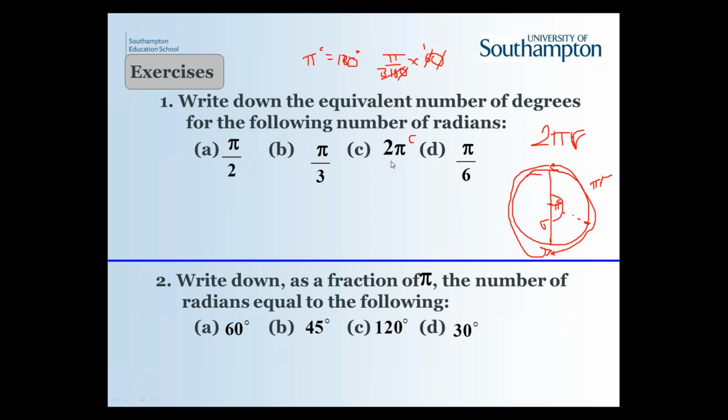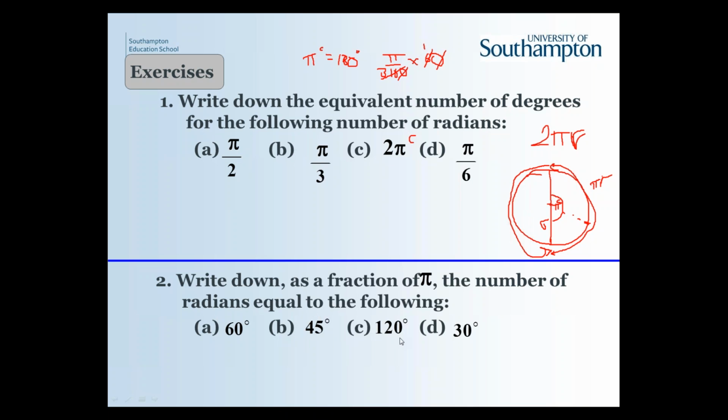So we've got 90, 60, 360, and Wayne, what's pi over 6? 30. Yeah, good. And then going back the other way, obviously, that's fairly straightforward. So 60 is pi over 3. 45, Robert, what was 45? Pi over 4. Yeah, pi over 4.